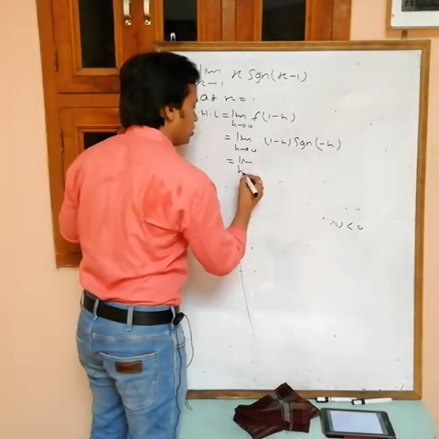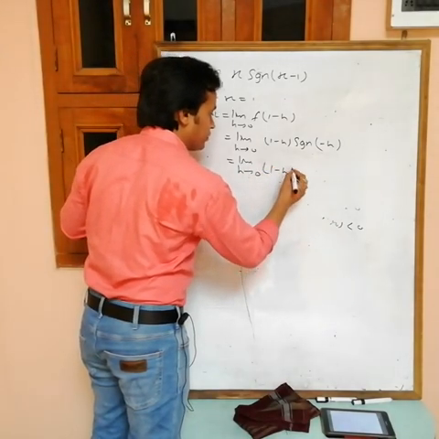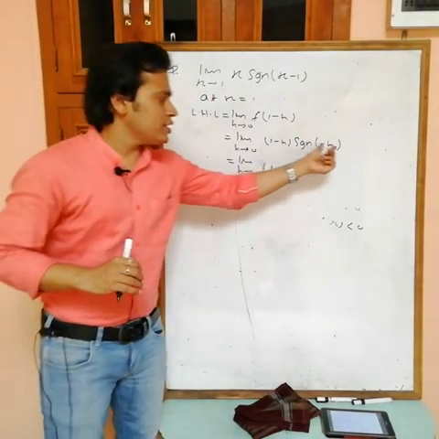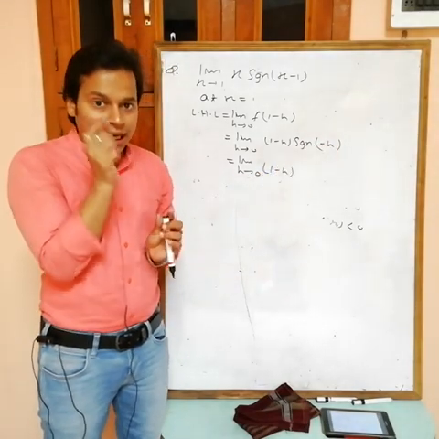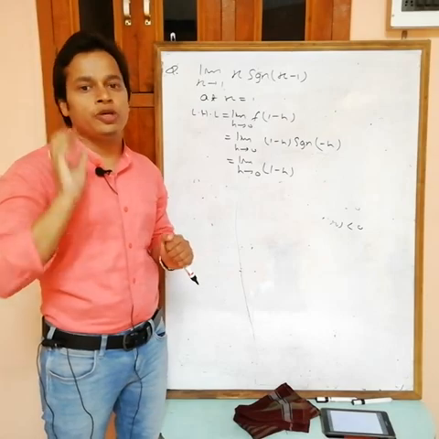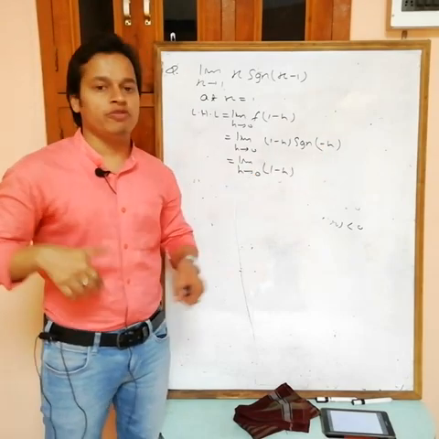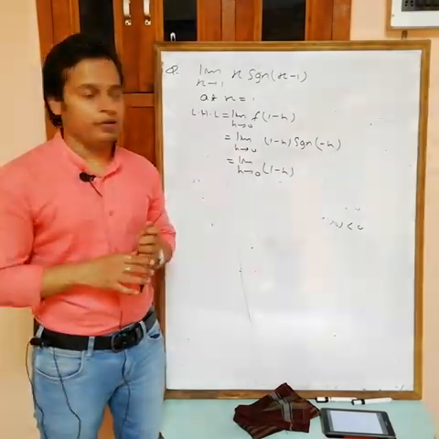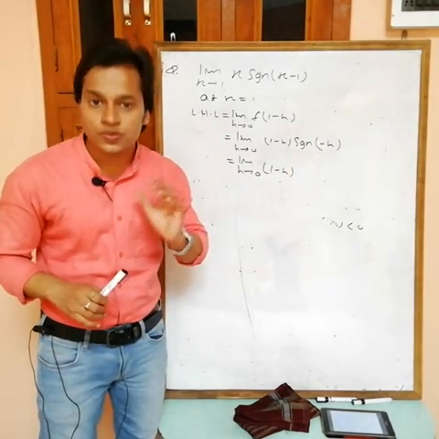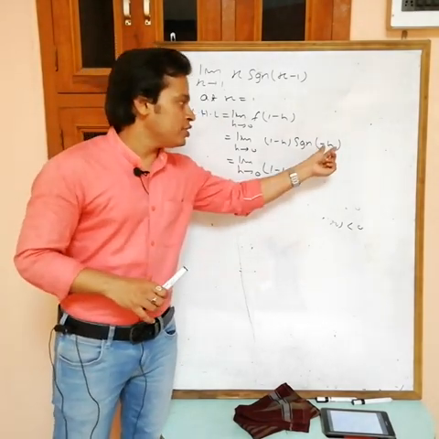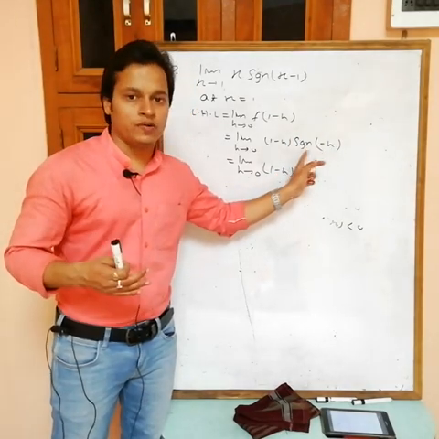So limit h tending to 0, (1 minus h) signum of minus h. Now here, minus h is always negative. Actually h is a very small positive quantity, but if you multiply it with a negative sign, then it becomes negative. If this is negative, then the value of signum is minus 1.